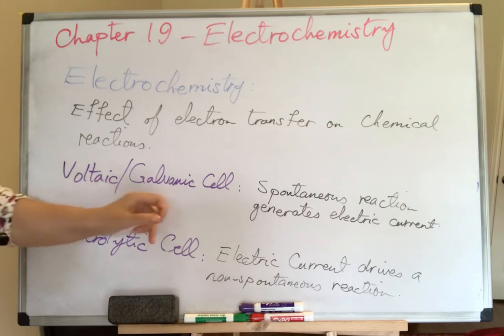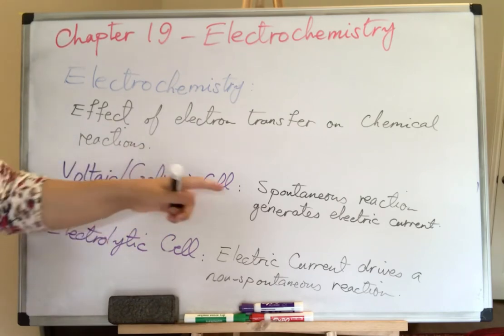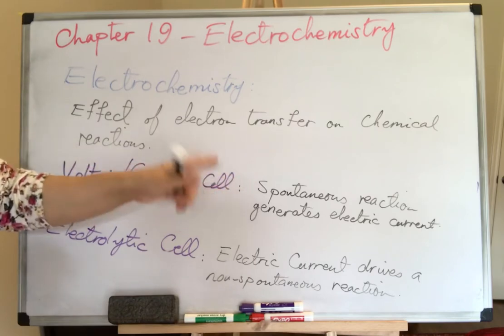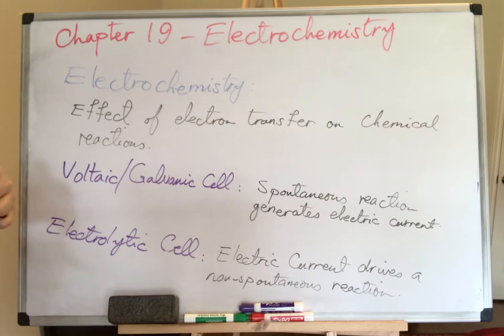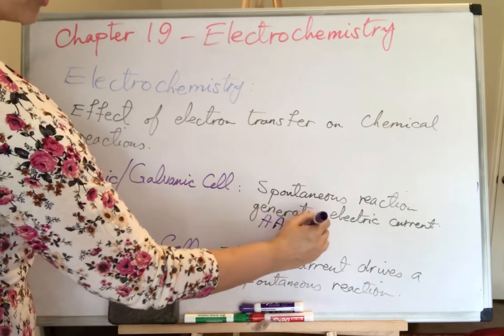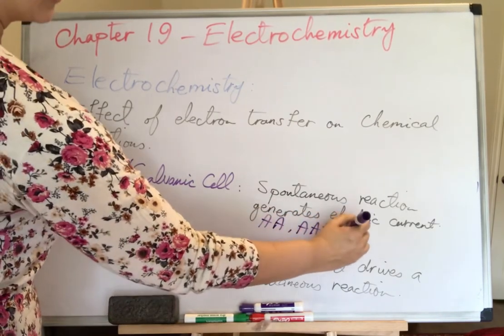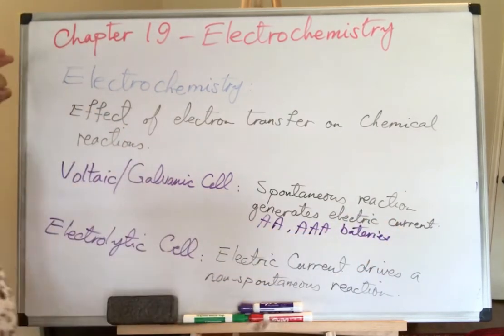The first one is Voltaic or Galvanic cells that we will study in more detail. These types of cells use a spontaneous reaction to generate electric current, just like batteries, just like AA or AAA batteries. These are the types of Voltaic or galvanic cells.